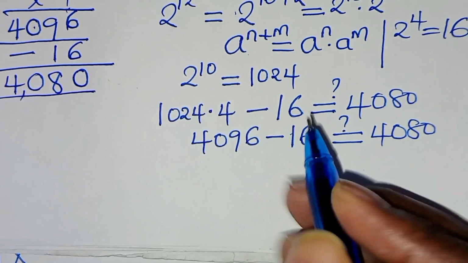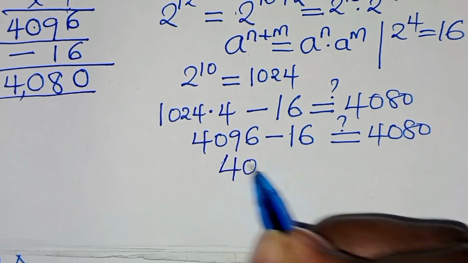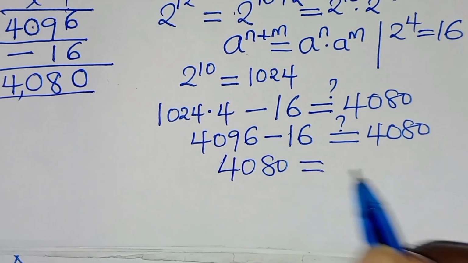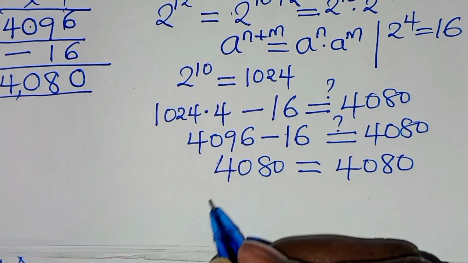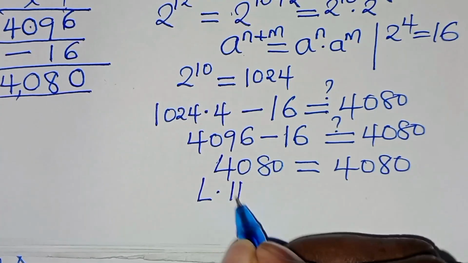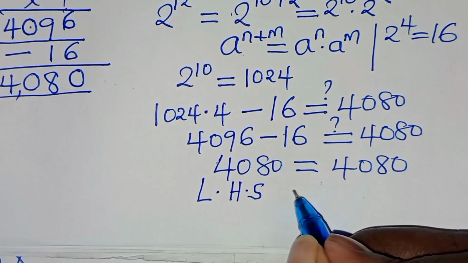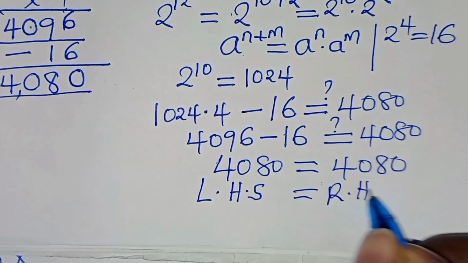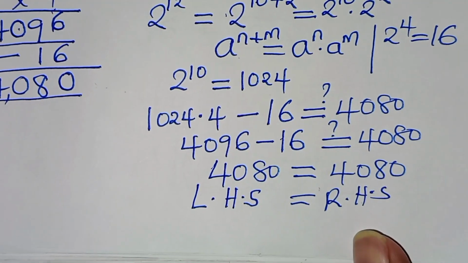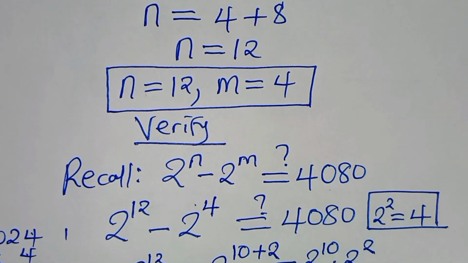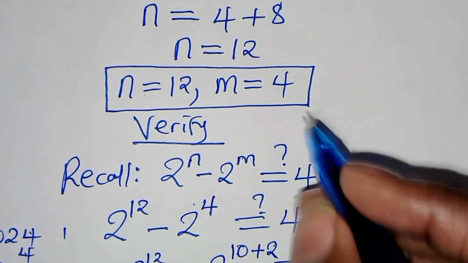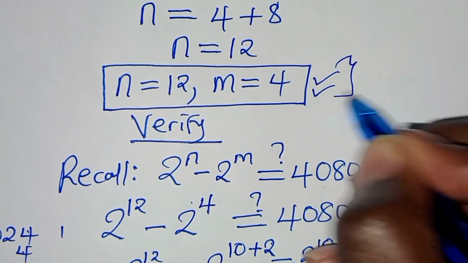So we have 4080. So 4080 is equal to 4080. This implies that the left hand side is equal to the right hand side, and the value of n and m, which is 12 and 4, satisfies the equation.